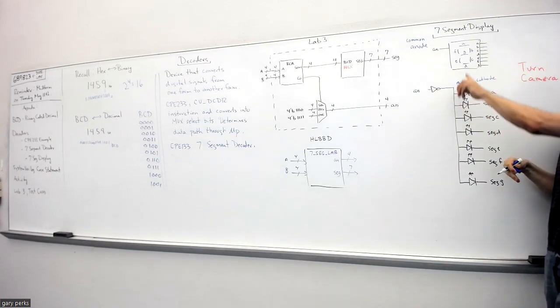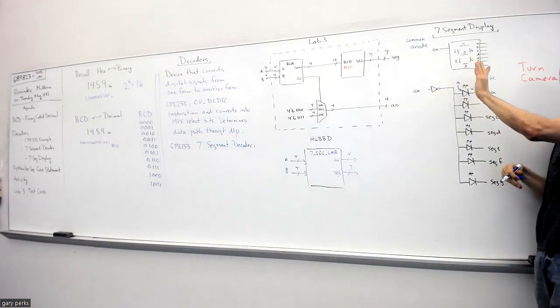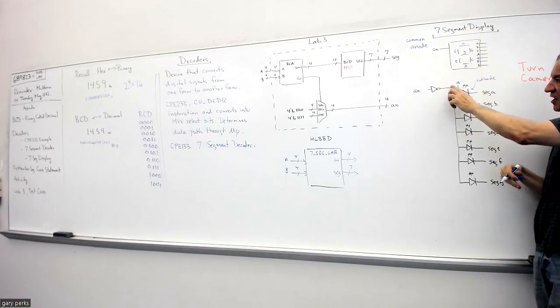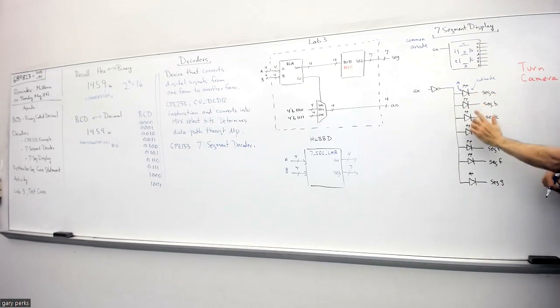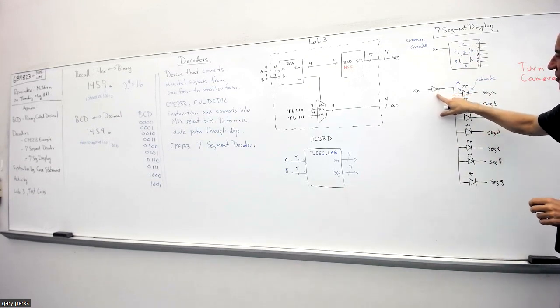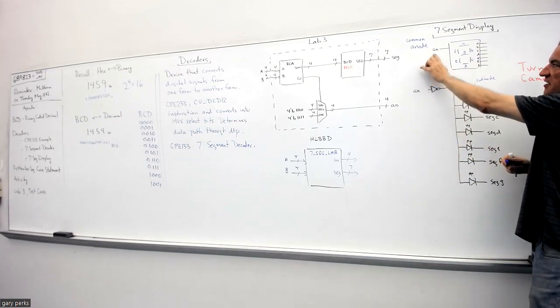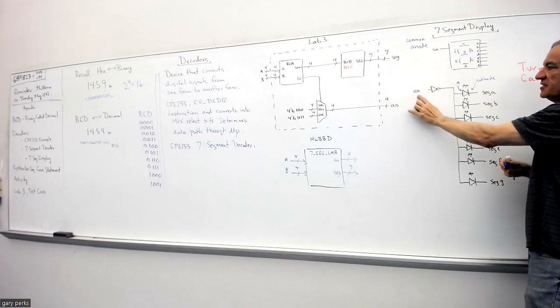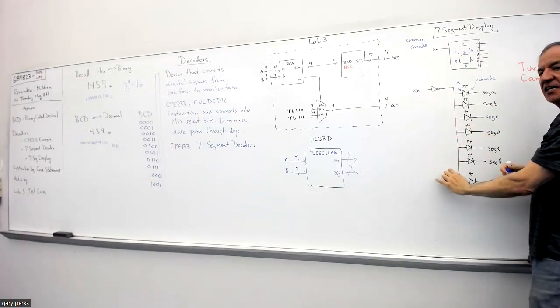Each segment is an LED. All the segments are connected together on the anode side, but they're not connected together on the cathode side. They're separate. And there's also this inverter between the AN pin and where the common anode is.